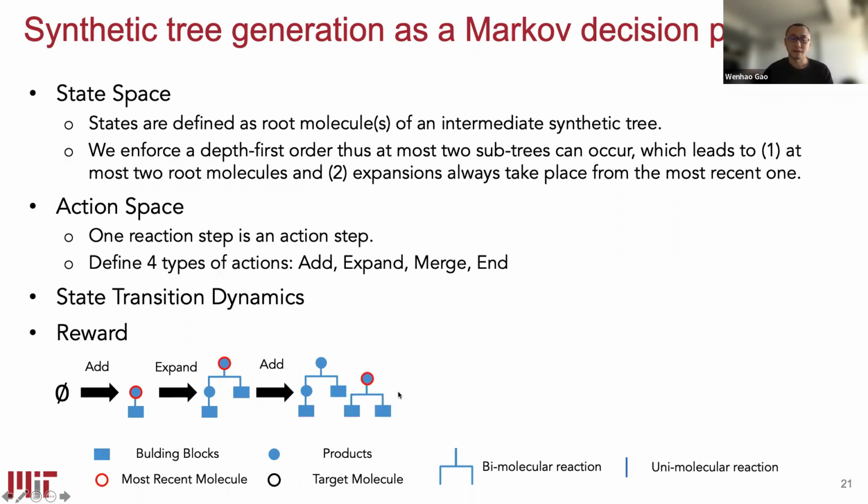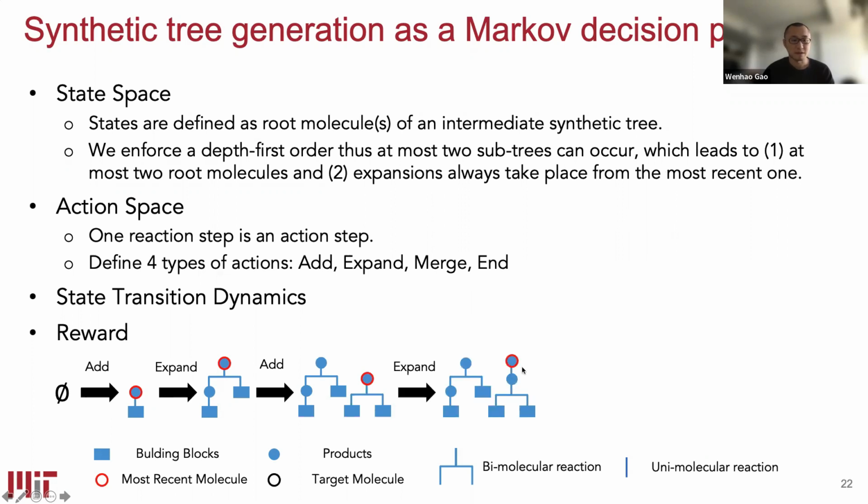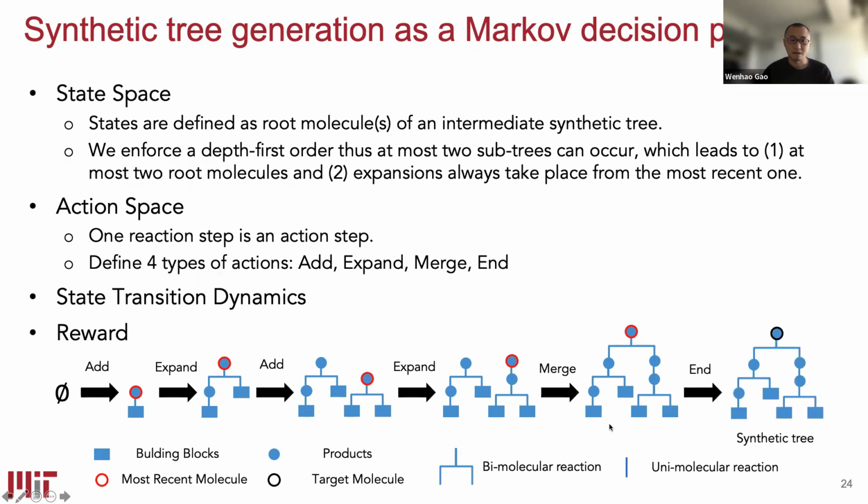Then an add action again with a bimolecular reaction, and an expand action with a unimolecular reaction. Then a merge action can take the two intermediates as reactants and conduct a bimolecular reaction. In this way, it allows the generation of a convergent synthetic pathway. And in the end, the end action means to finish the generation and output the tree.